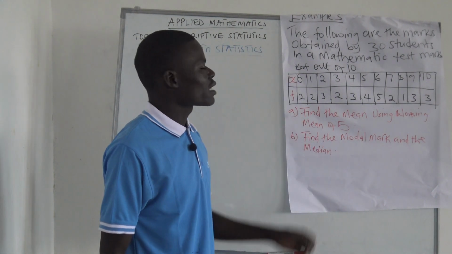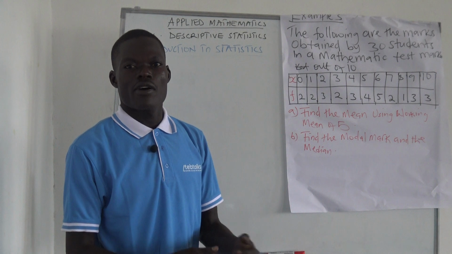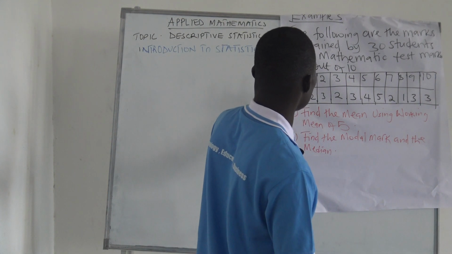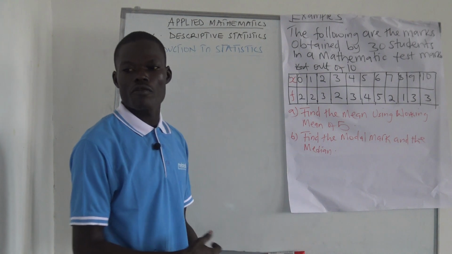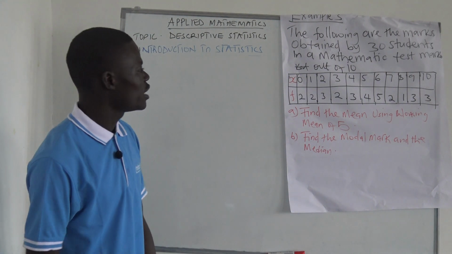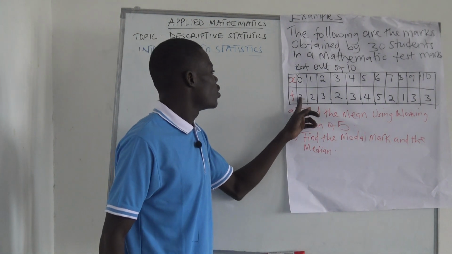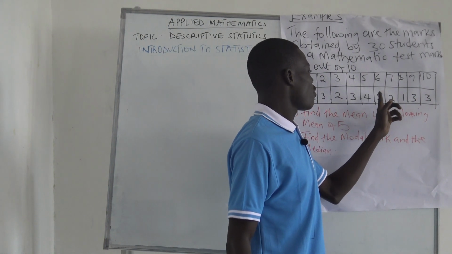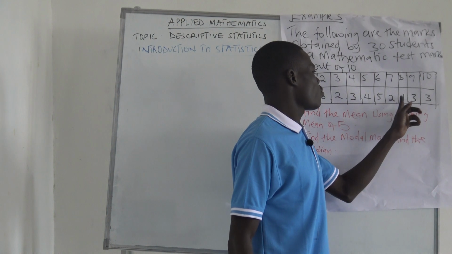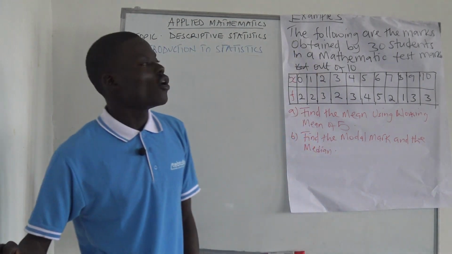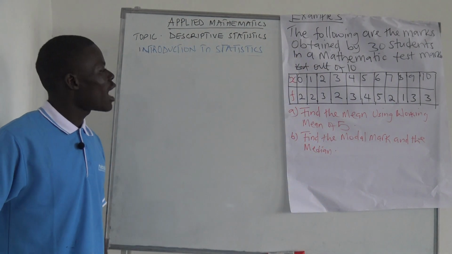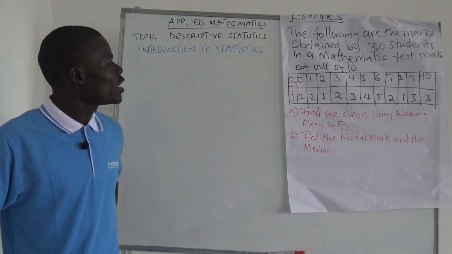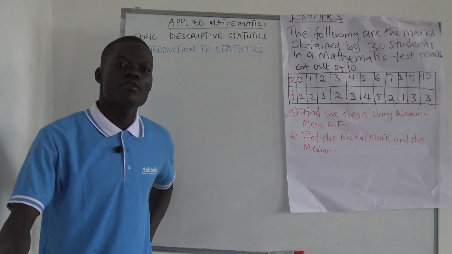Our marks is the variable x, and the frequency, which is the number of times that mark is appearing, is 2, 2, 3, 2, 3, 4, 5, 2, 1, 3, 3, 4, for x which is 0, 1, 2, 3, 4, 5, 6, 7, 8, 9, 10 respectively.